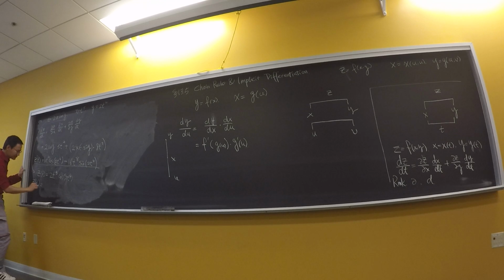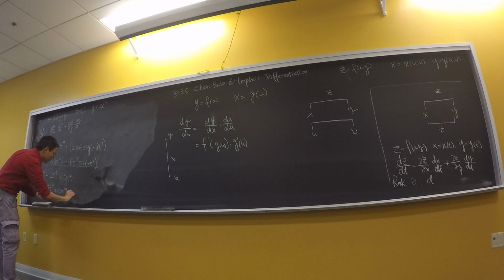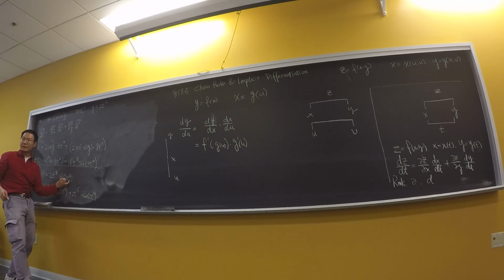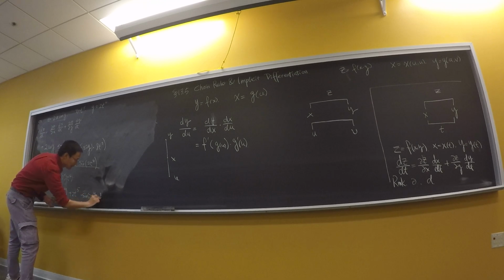What do you get? 2 times 5t^4, so the derivative of this component, cosine 2t^4, then plus 2t^5 multiplied by minus sine 2t^4, then multiply the derivative of the inside, you're getting an 8t^3, all right?